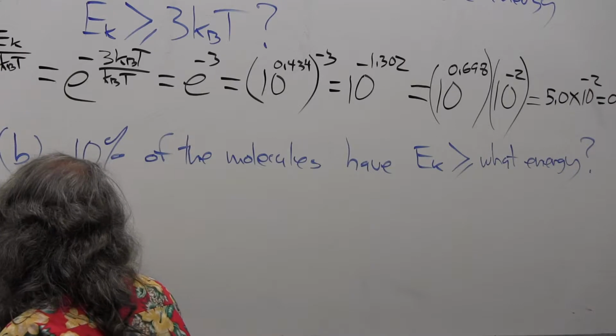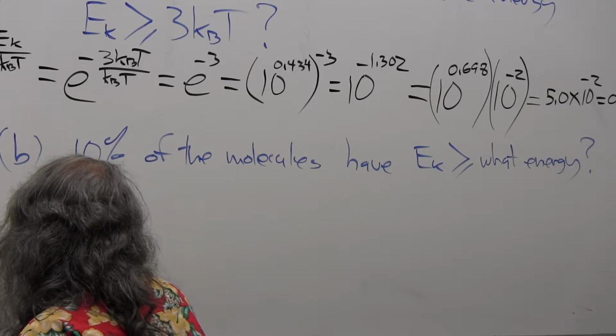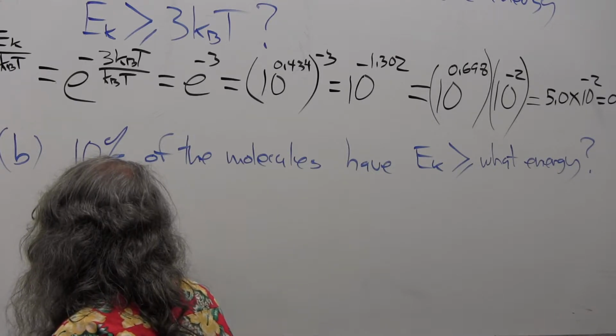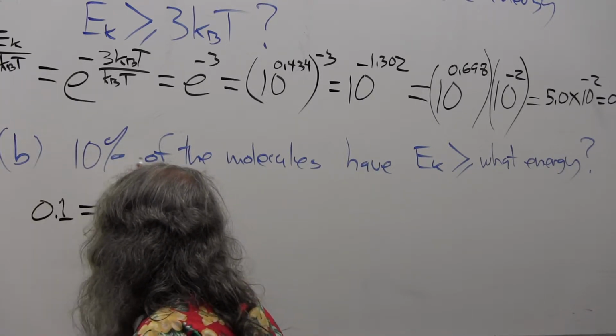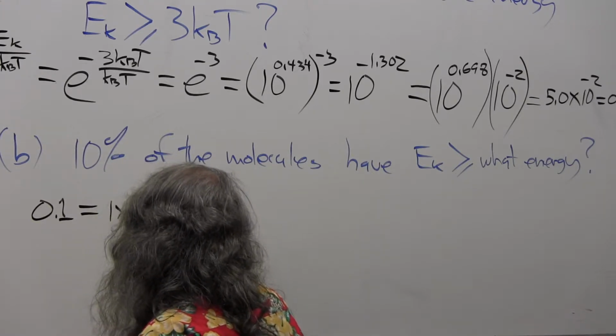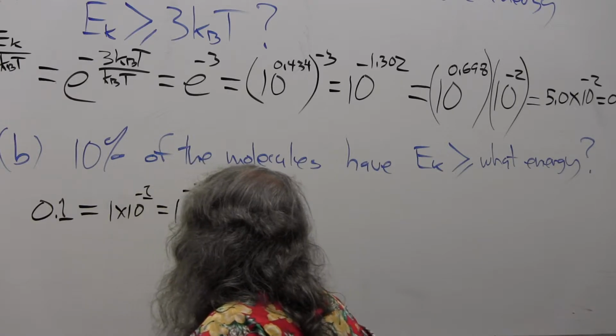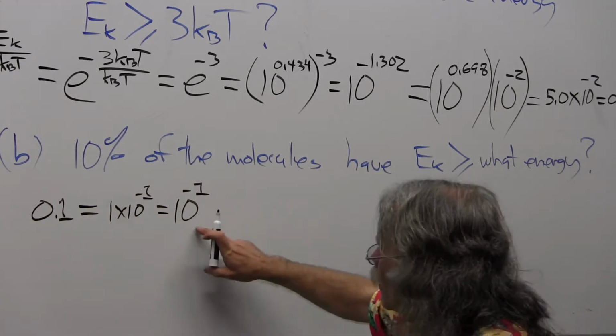So 0.1 is equal to, let's write it out, 1 times 10 to the minus 1, equals 10 to the minus 1. And the point here is, this is the fraction.